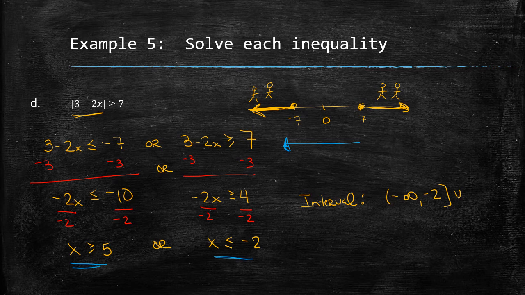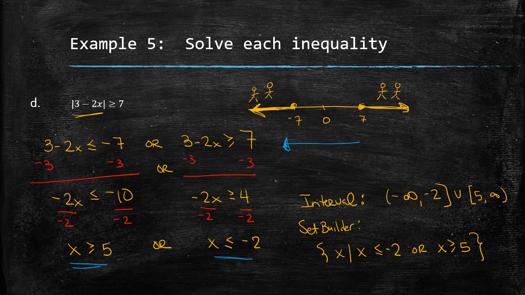And then if x is greater than or equal to 5, that's the interval 5 to infinity. Okay, and then set builder: all real numbers x such that x is less than or equal to negative 2, or x is greater than or equal to 5.